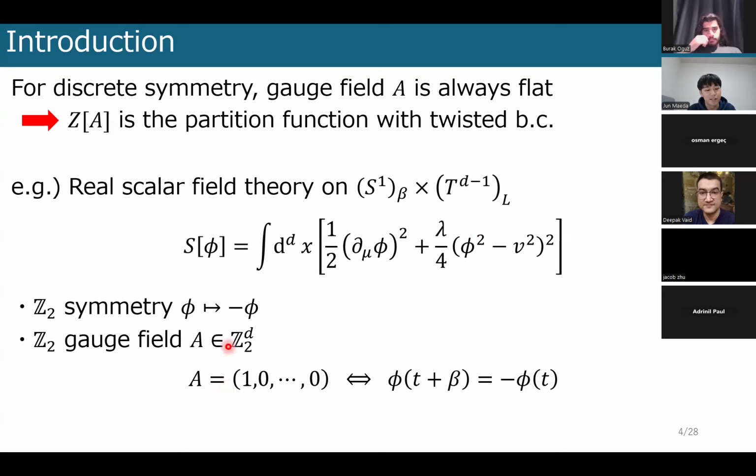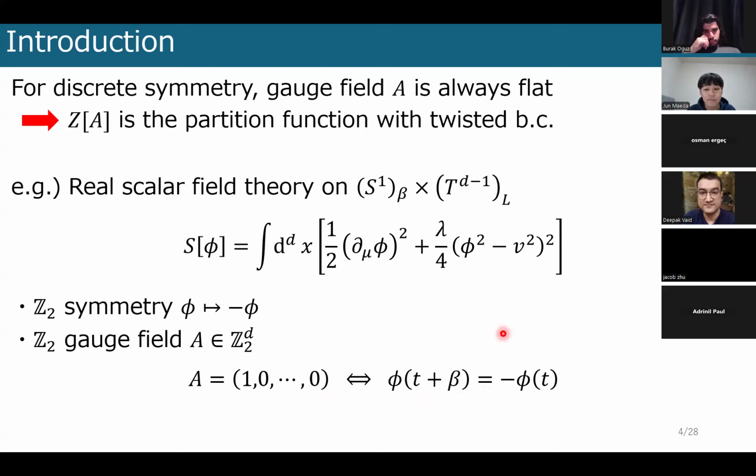There are d components of A, and when A_i, a component of A along the i direction, is non-trivial, then we must impose twisted boundary condition along the i direction. But in other directions, we impose a periodic boundary condition.